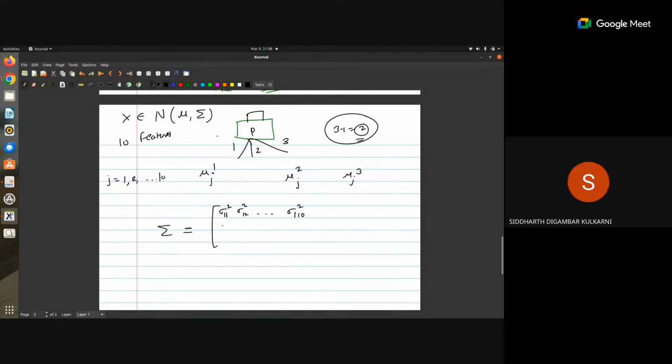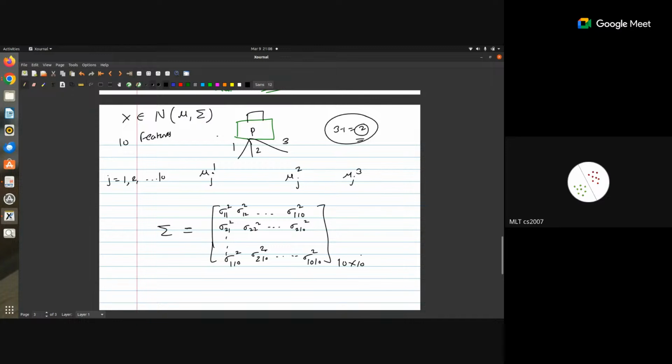Then sigma 2 1 square, sigma 2 2 square, and so on up to sigma 2 10 square. Is that fine? Yes, sir. And similarly sigma 10 1, sigma 10 2, and it goes up to sigma 10 10 square. So basically it is a 10 cross 10 matrix.